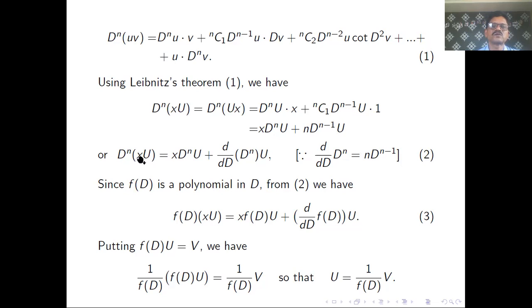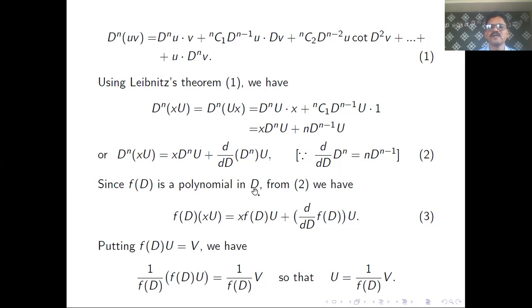So d raised to n of x into u is x into d raised to n of u plus n into d raised to n minus 1 of u. N into d raised to n minus 1 is nothing but the derivative of d raised to n with respect to capital D. So we have replaced n d raised to n minus 1 by the derivative of capital D raised to n with respect to capital D, and this u remains as it is.